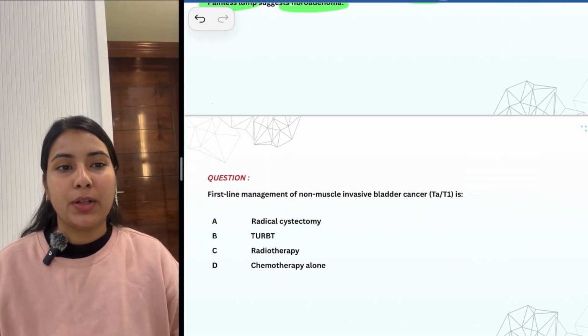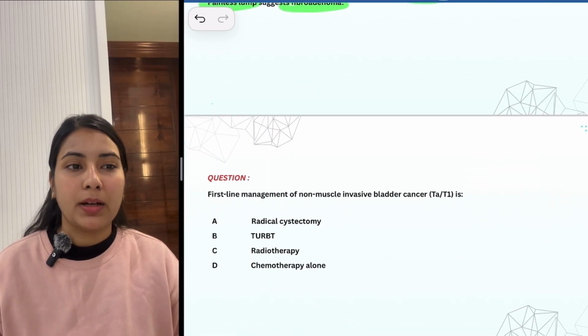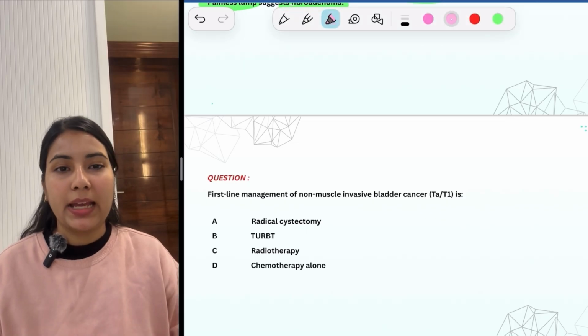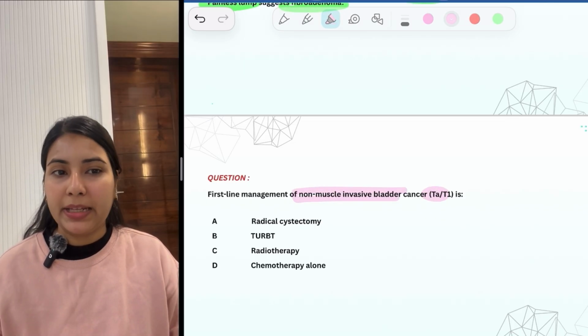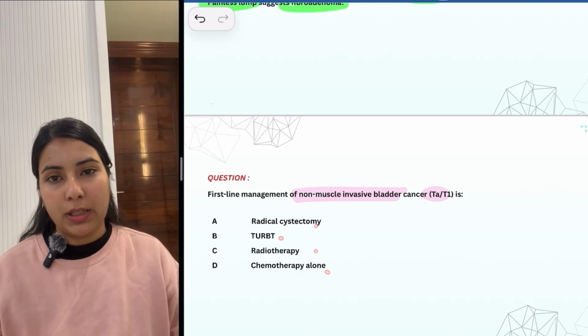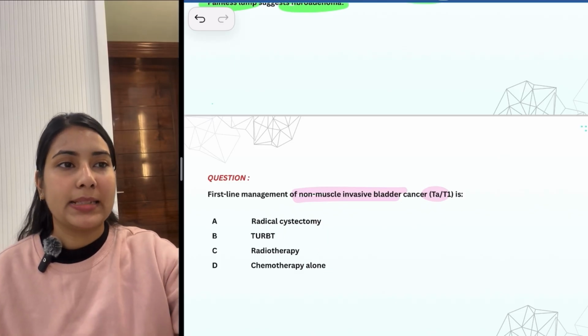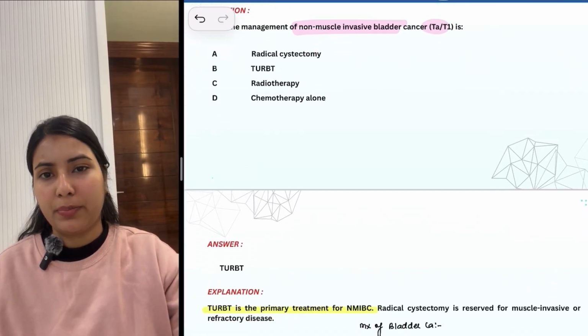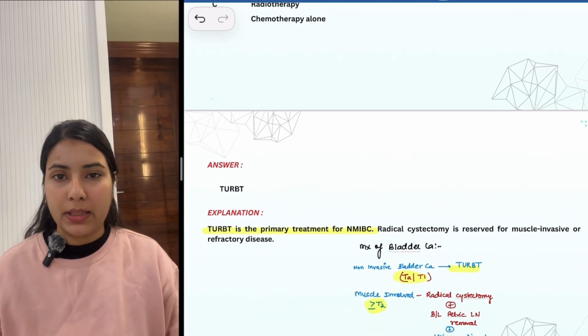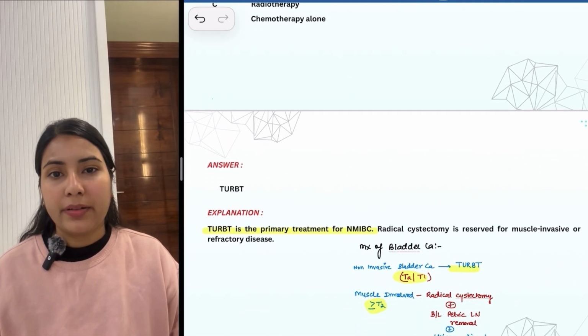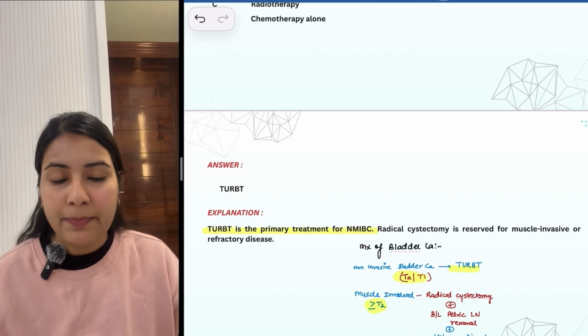First line management of non-invasive bladder cancer, that is Ta and T1, is, your options are radical cystectomy, TURBT, radiotherapy, chemotherapy alone. So the answer here is that for the early stages of bladder cancer in which the muscle is not involved, that is Ta and T1, the answer is TURBT, transurethral resection of bladder tumor.